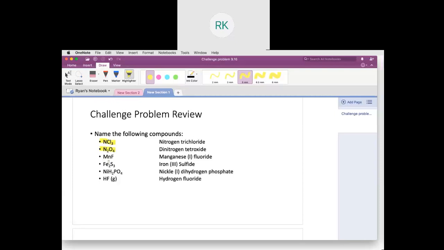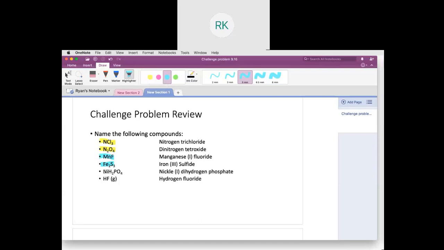The next two examples, we have a metal cation, right, in Mn and an Fe. These are our positively charged cations, and then we have our negatively charged anions in fluorine and sulfur. So these are going to be named in the ionic method, and so I'm going to underline them like that, or highlight them like that.